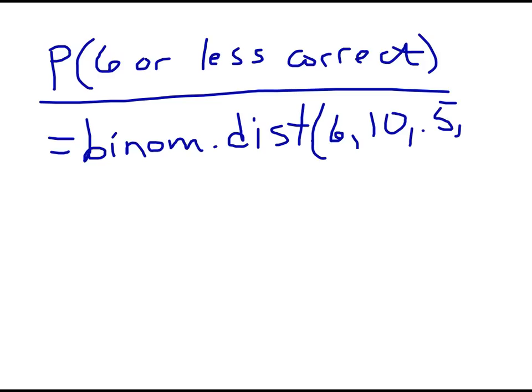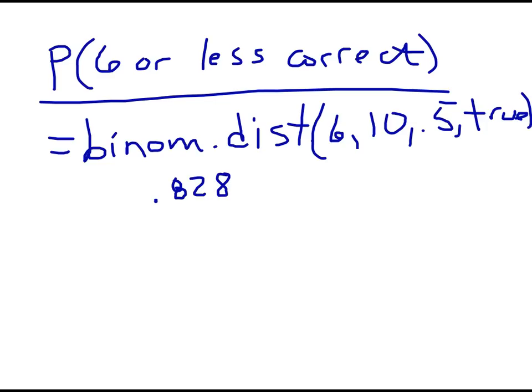But in this case, we want a cumulative because we want the probability of 0 or 1 or 2 or 3 or 4 or 5 or 6. So we're going to type true. And what we should get is 0.828.